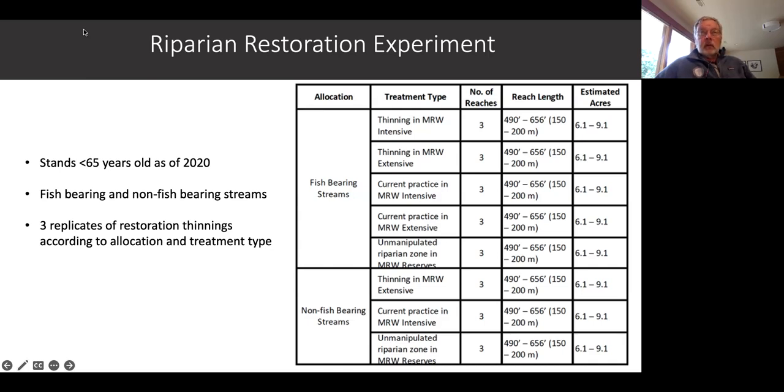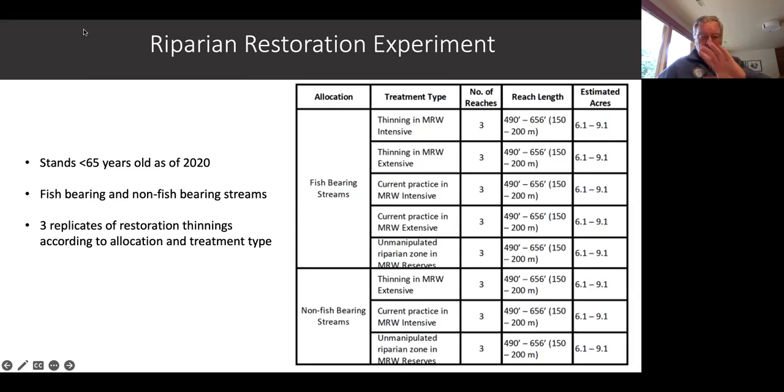And we're also looking at trying to get hardwood back in many cases. And so what you're seeing here is the thinnings in the intensive, extensive, the MRW, the CR, and then the CRWs.